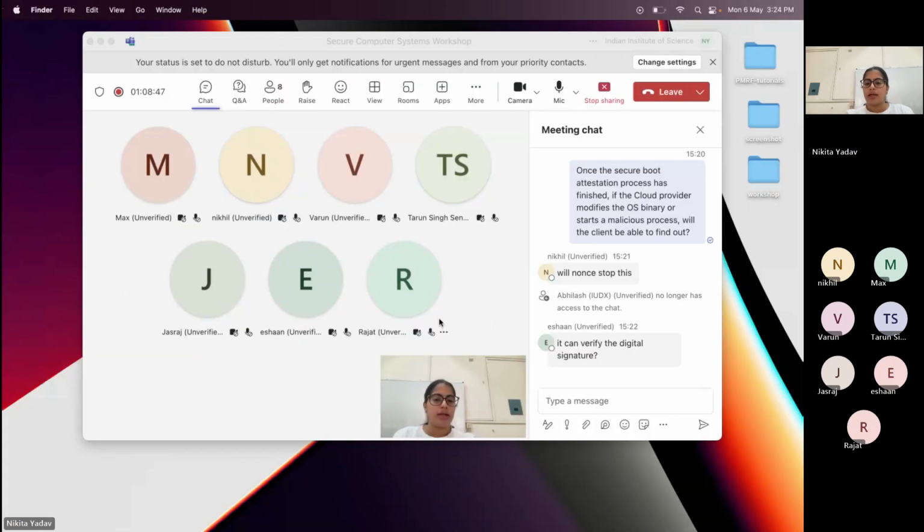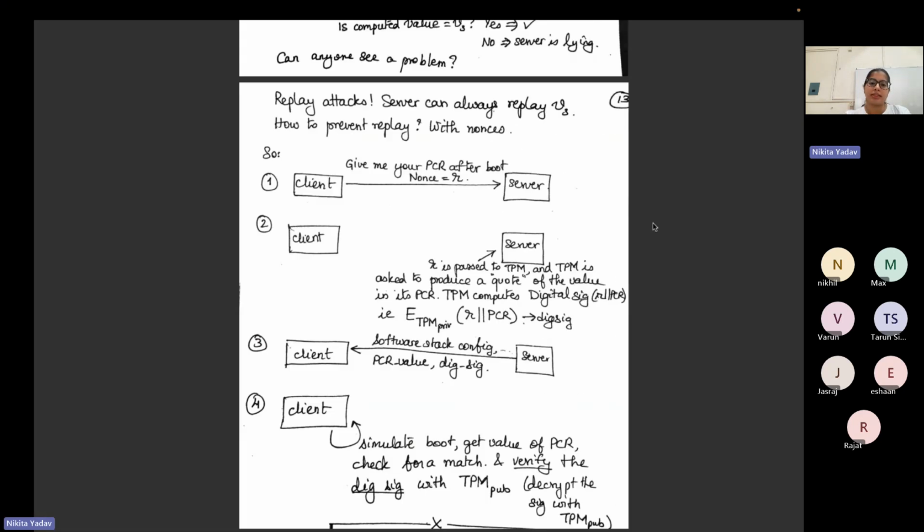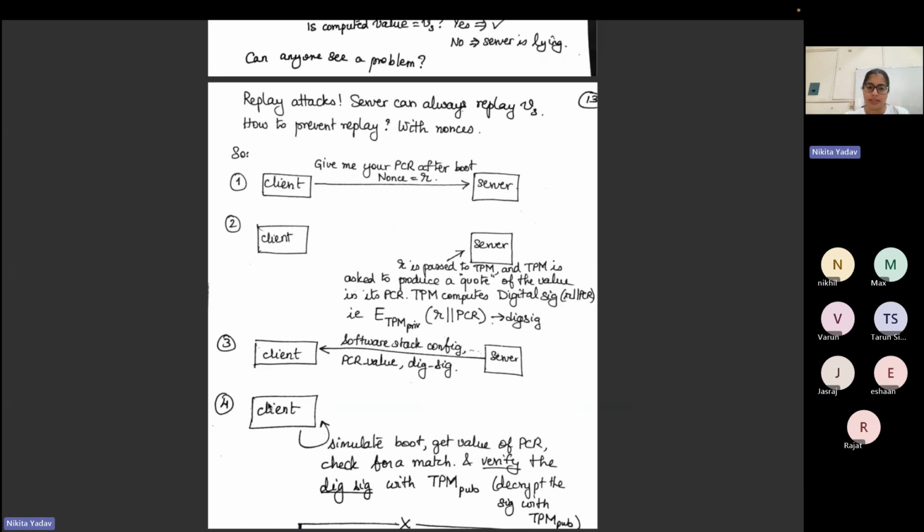Okay. And this question, I think it's a bit confusing, so I'm going to explain it. Let's say this boot process has happened, and the client had sent that request to the server: give me your PCR after boot. Here is the nonce. The server then starts the machine with the particular software stack, and does everything as you asked.